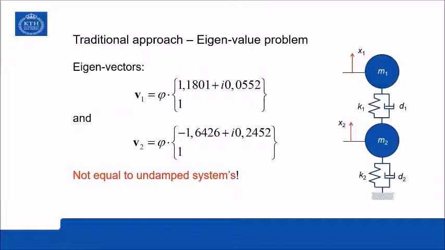So the eigenvectors in this case for the non-proportionally damped system are not equal to the undamped system's. We have a difference. And if we interpret this in a physical manner, this imaginary part corresponds to a time lag between the motion of the two masses. So that means that they will not reach maximum or minimum at the same time. There will be a phase lag between the sines that describe the motion of mass 1 and mass 2.